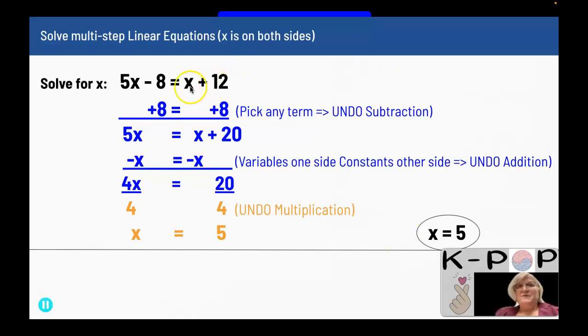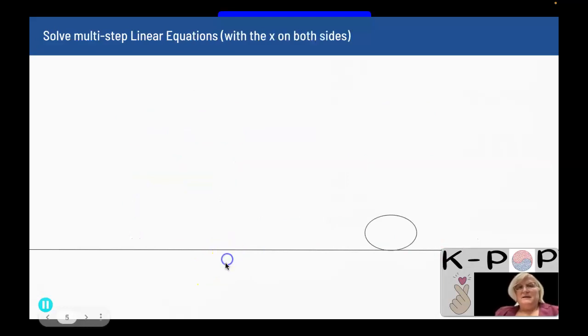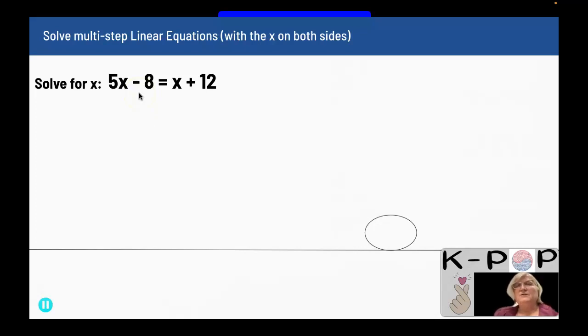Now, remember this problem. Remember that we started with plus 8, and we ended with x equals 5. Because my next example is that same problem, except I'm not going to start with the minus 8. I'm going to show you that you can pick any term and you're still going to come up with the same answer. So I'm going to pick a different term.